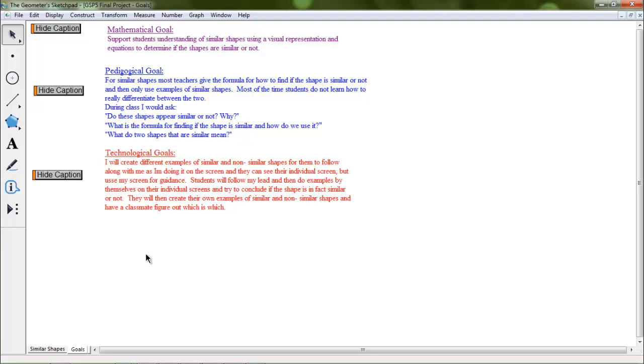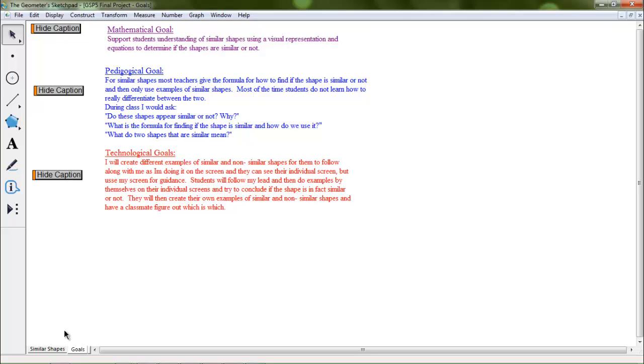So I would hope that they could be provided with computers to follow along, and then using the examples we can decide if the shapes are similar or not, and hopefully the students can make up their own examples using this software, and then switch with a partner and see if the partner can figure out if the shapes are in fact similar.